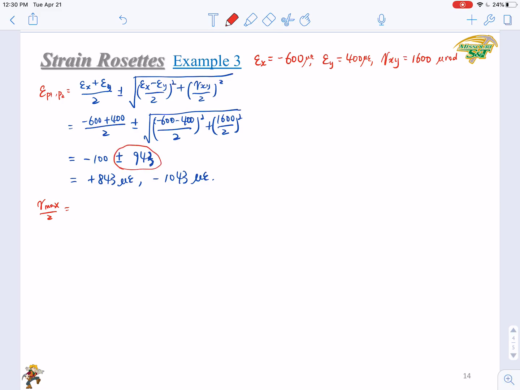It's just positive or negative 943. So gamma max equals 2 times that, it's 1887.